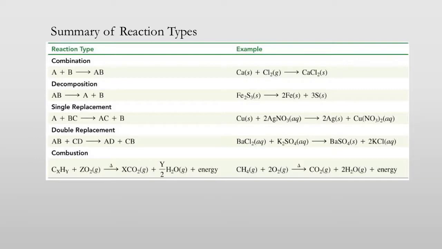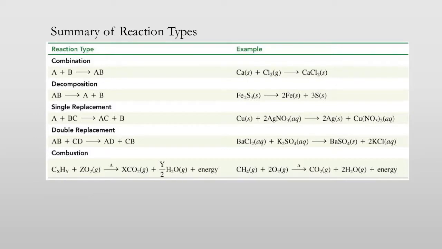Single replacement A plus BC to make AC plus B. The example they give there is copper reacting with silver nitrate to make silver metal and copper nitrate. Double replacement reactions is AB plus CD to make AD and CB.